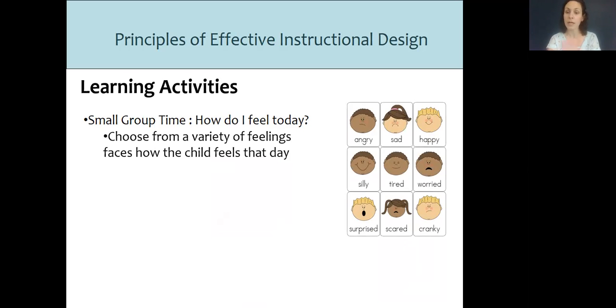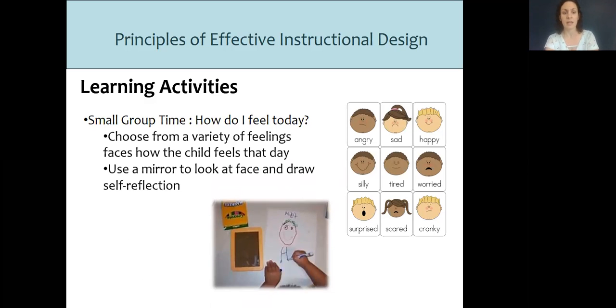So we're going to have more than just the 3, because children always have more than just 3 feelings. And so we're just going to talk about how they might be feeling with this face, and talk about different scenarios. Like, I feel this way when this happens.